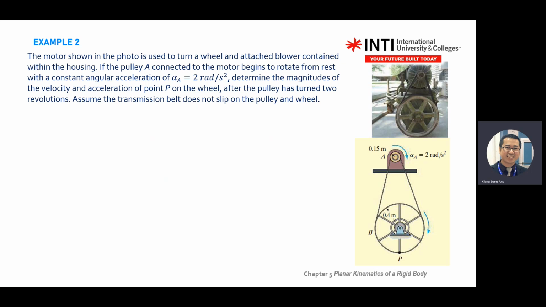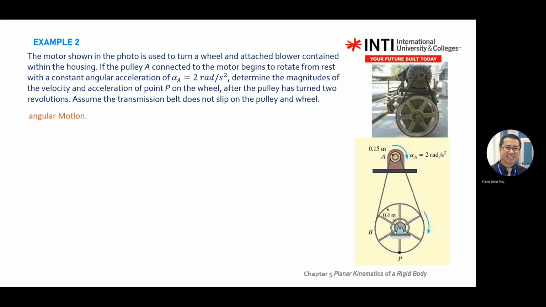Magnitude of velocity and acceleration of point P. It does not tell you to find angular velocity and angular acceleration. That is not the final answer, although in the process you need to find them. But the question wants velocity and acceleration, so you need to convert the angular terms into velocity and acceleration.